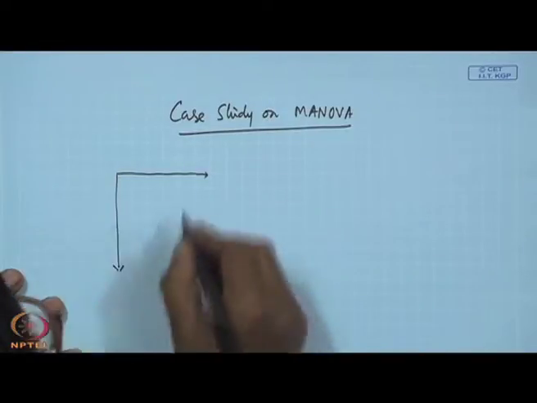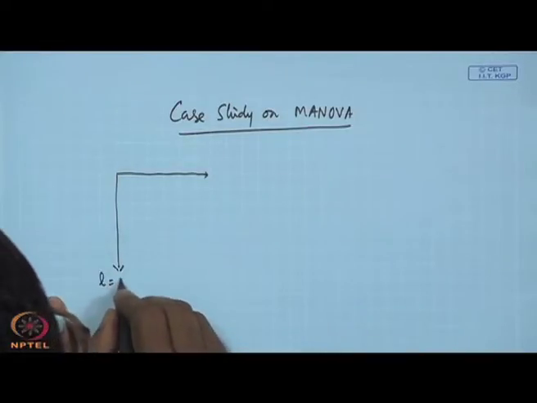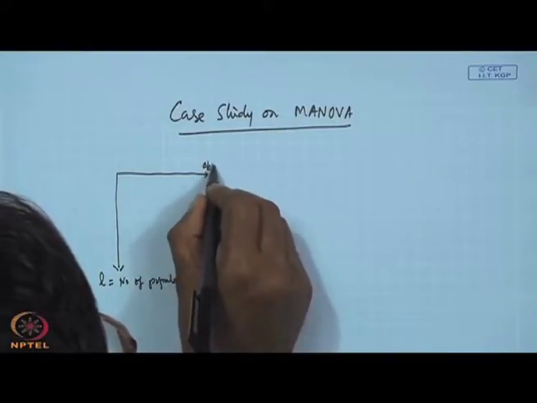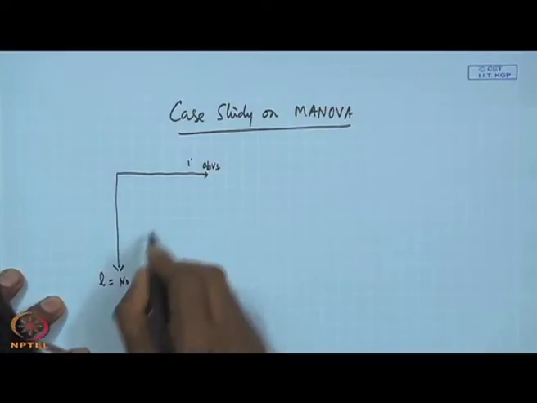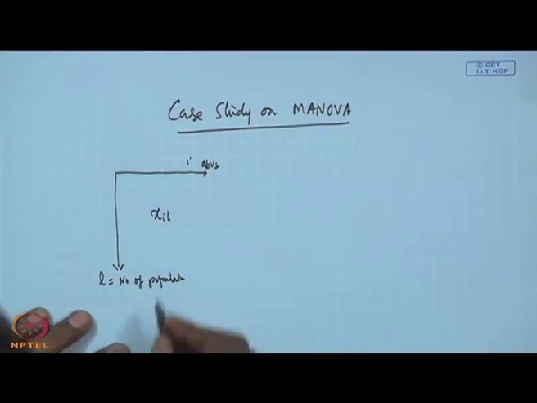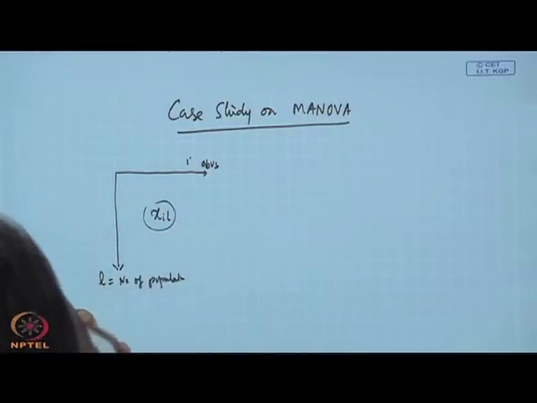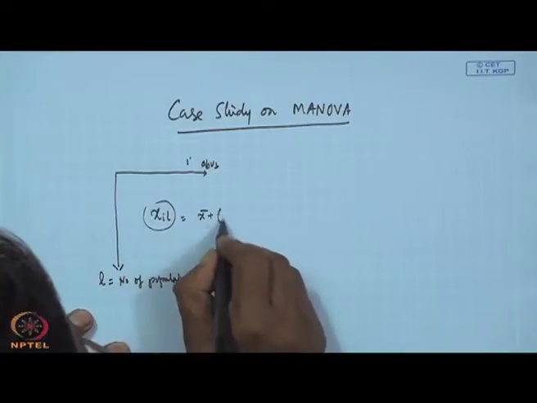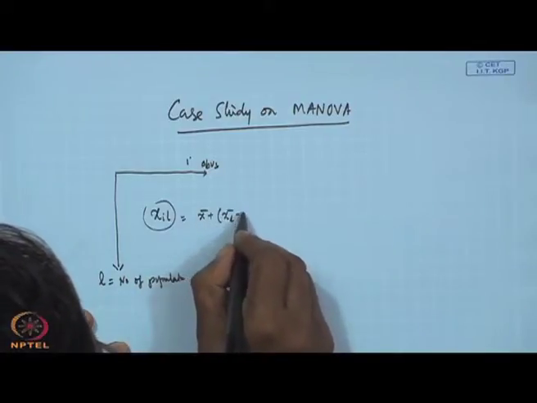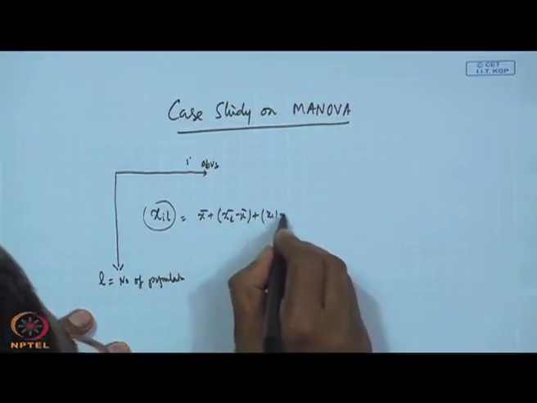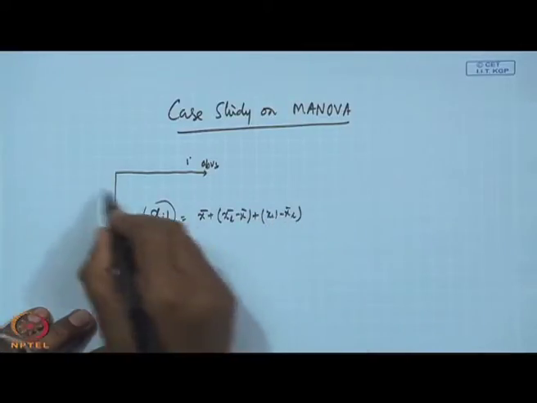Now, we have seen in ANOVA there is a small number of populations and different observations. We have taken only one observation X_il, and then this observation is broken into x bar plus (x_l bar minus x bar) plus (x_il minus x_l bar) in ANOVA.